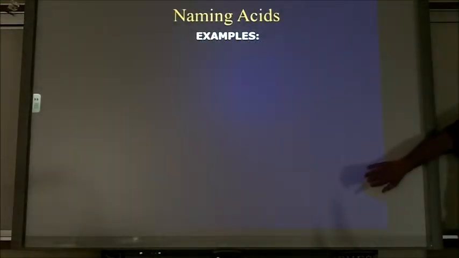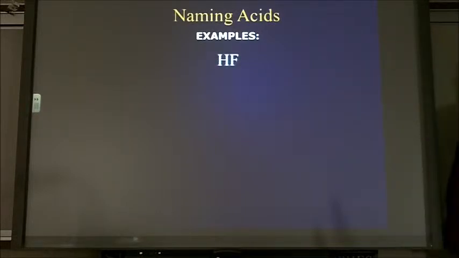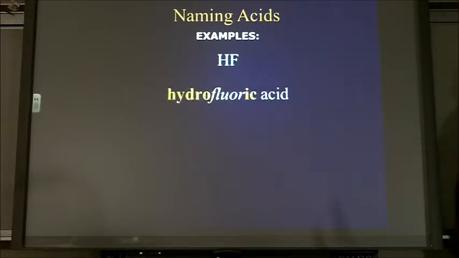All right, so here we have our first one, HF. Hydrofluoric. So we have fluorine, and then drop the INE, put ic, so you have fluoric, and then put it all together: hydrofluoric acid. And don't forget the acid name at the end.